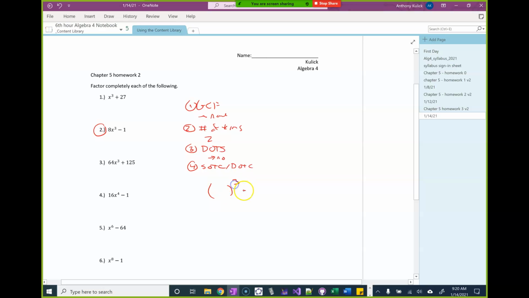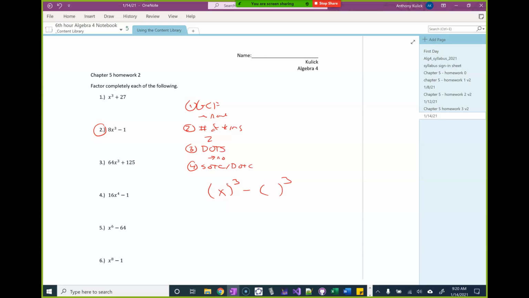So I'm going to see if I can rewrite this as something cubed minus something cubed. That first term, 8x to the third, well, I know x to the third is just x cubed, so I can do that part. I also have to worry about the 8, though, right? Well, if I think about that number 8, 2 times 2 is 4, and times 2 again is 8.